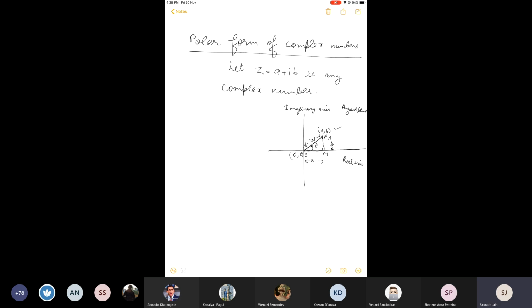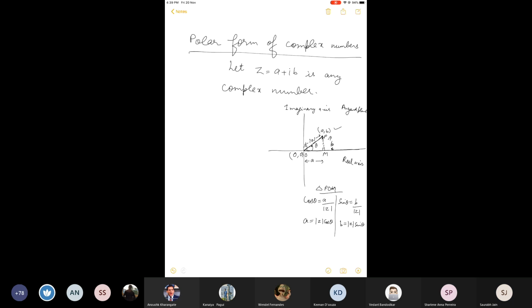Now we will use some simple trigonometry here, and in this triangle POM, which is a right angle triangle, if we use cos theta, this is base upon hypotenuse. This is a by mod z, cos theta. And if we want to find sine theta, this is perpendicular by hypotenuse. So this is b is equal to mod z sine theta.